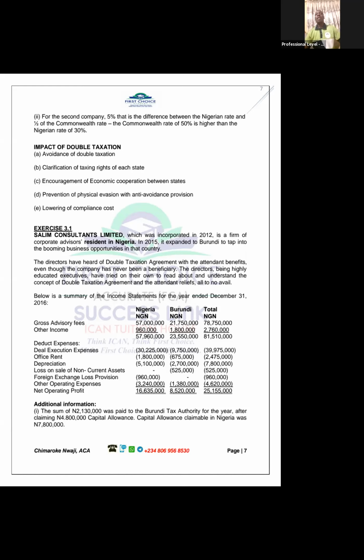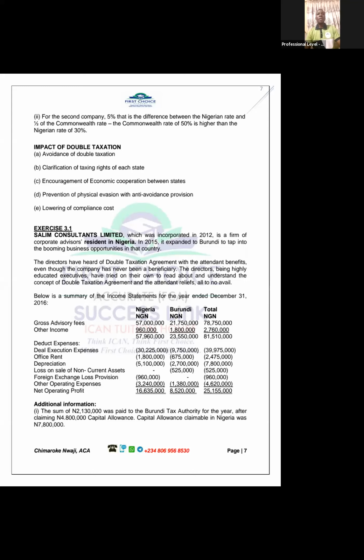So in 2015, it expanded to Burundi to tap into the booming business opportunities in that country. The directors have heard of double taxation agreements with the attendant benefits, even though the company has never been a beneficiary. The directors, being highly educated executives, have tried on their own to read and understand the concept of double taxation and the attendant relief, all to no avail.